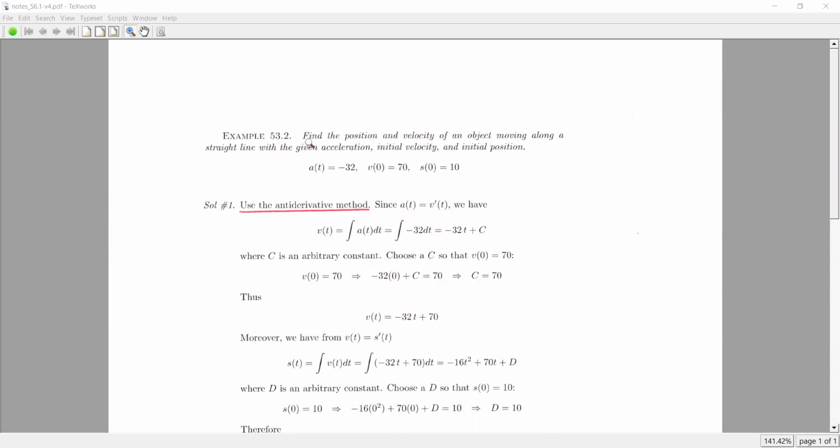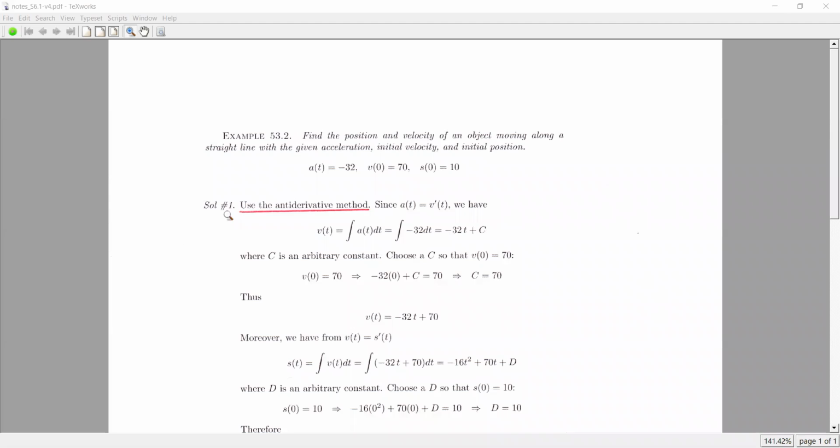Example 2. Find the position and velocity of an object moving along a straight line with the given acceleration, initial velocity, and initial position. We are given this information and we want to recover the position function and the velocity function of the moving object.